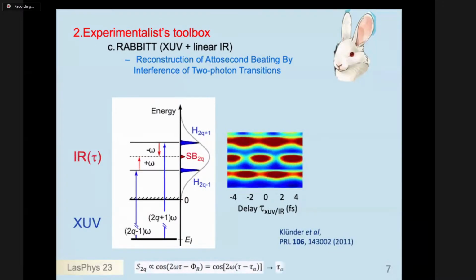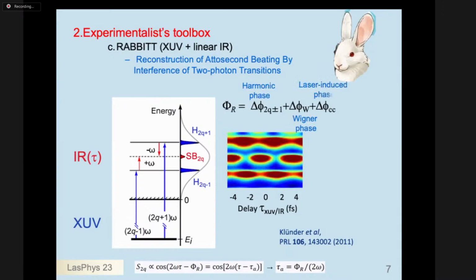The interference formula contains twice the laser photon frequency, and the RABBIT phase contains the Wigner phase added to some instrumental phases, which in practice are hard to control, and experimentally one tries to eliminate these phases by performing pair measurements.